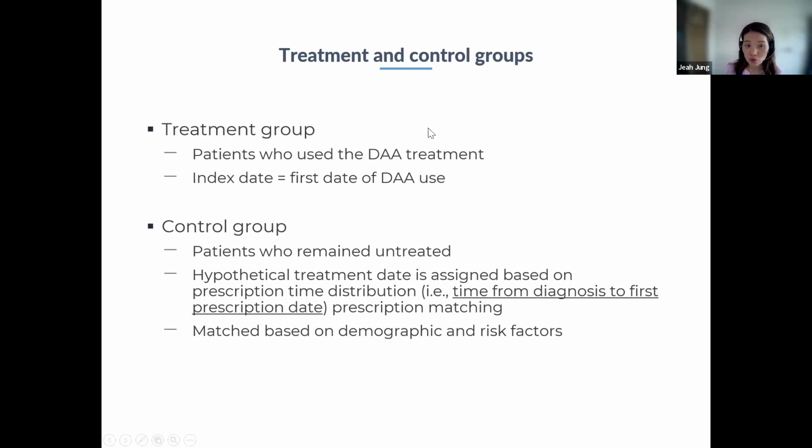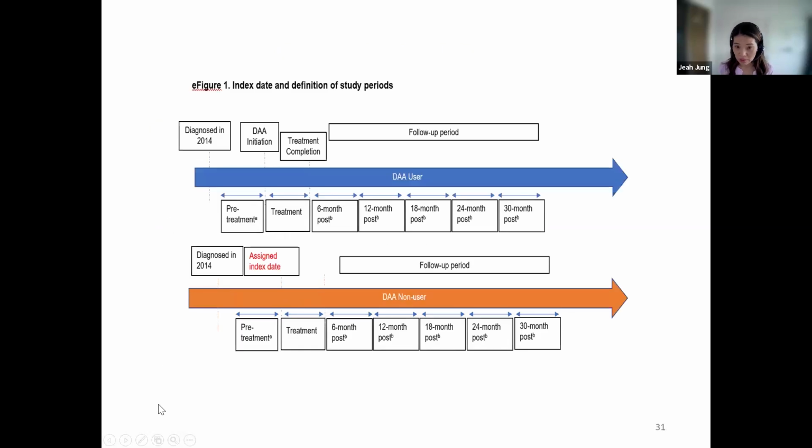We get that distribution from the treatment group, and then we apply that distribution to the control group. So both the treatment and control groups will have the same prescription time distribution after we assign a fake index date to the control group. It might be easier to look at this diagram.